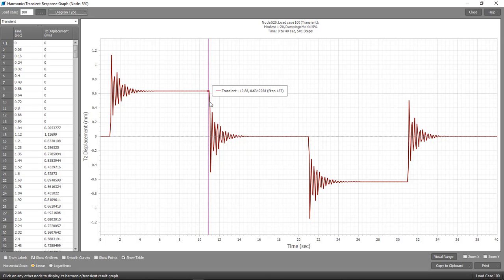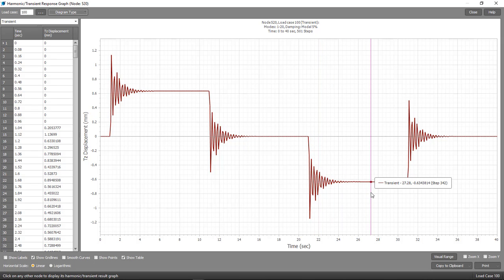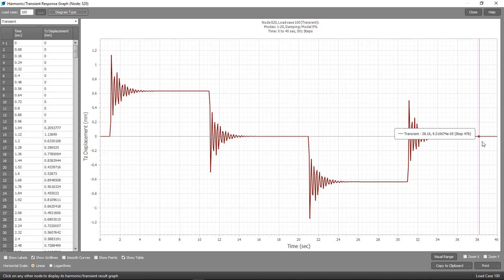The acceleration stops, so it's back to zero deflection again while it's in its constant velocity phase. And then the deceleration starts, so again it bounces around a bit more, goes back to 0.6 millimeters in the opposite direction, and then eventually goes back to zero when the deceleration stops.